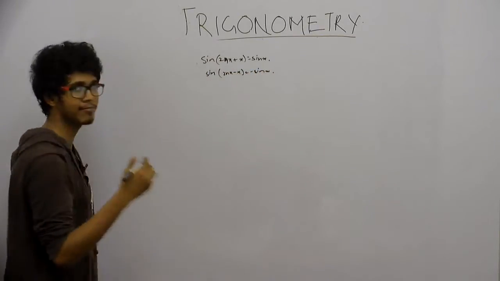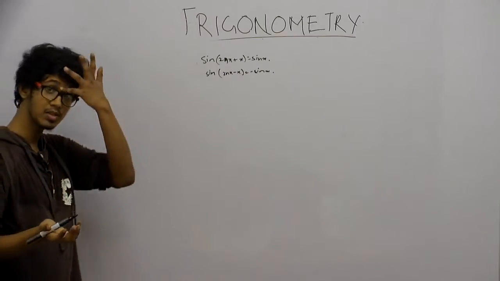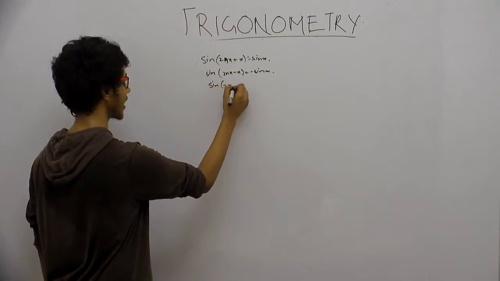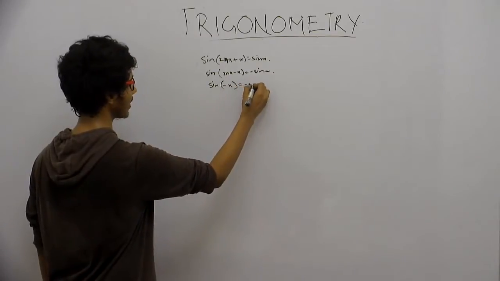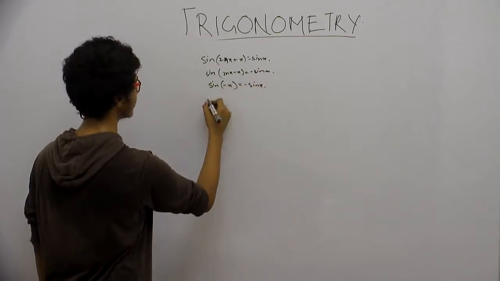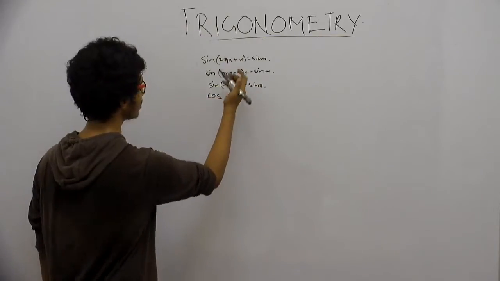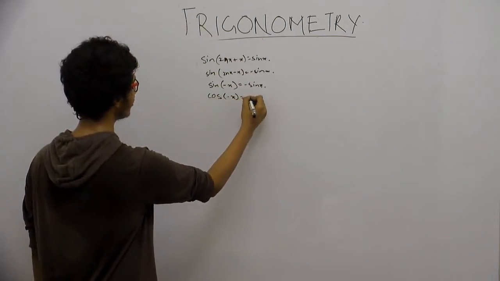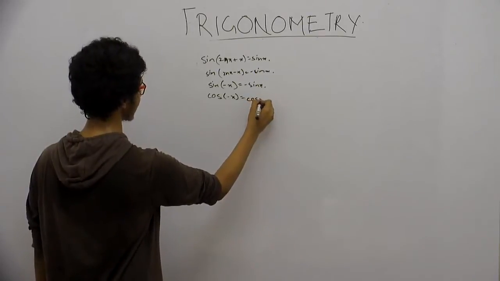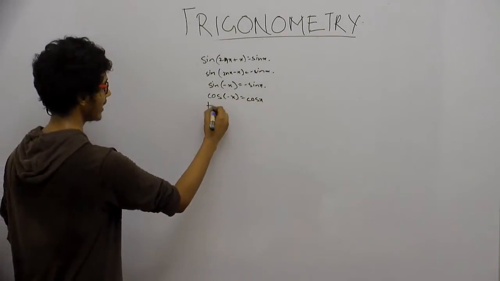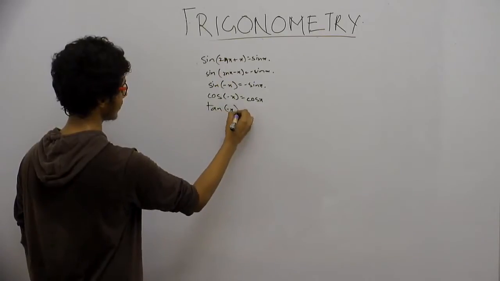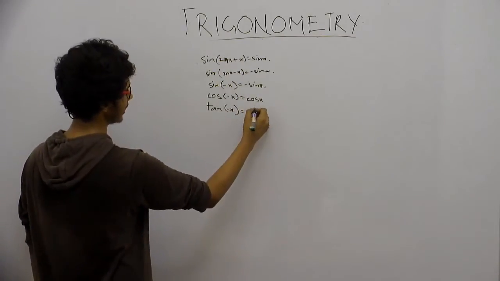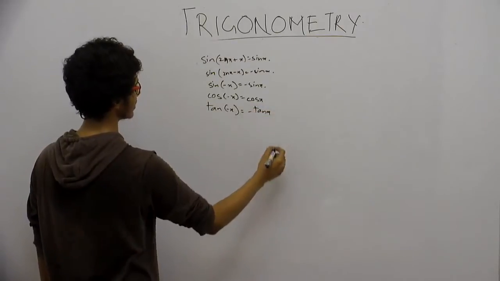Now n belongs to integers, so n can be 0 as well. So what is sine 0 minus x? It's basically sine of a negative angle. Sine of a negative angle gives minus sine x. Similarly, in the case of cos, 2n pi minus x was just cos x, so cos of a negative angle is just cos x. Alright, and tan, since it is the fraction of these two, it will be minus tan x.